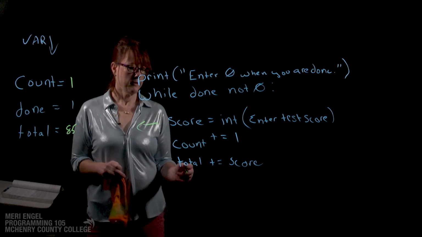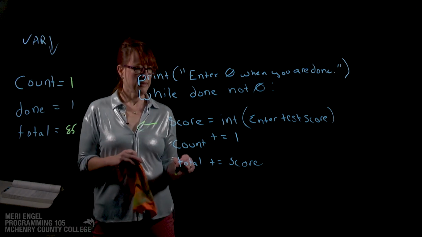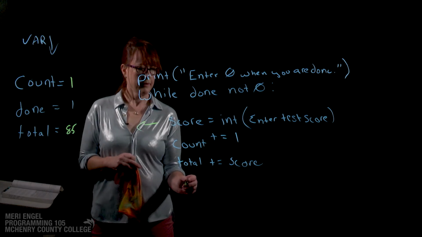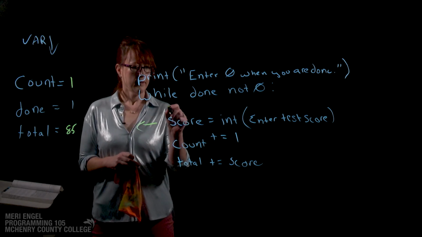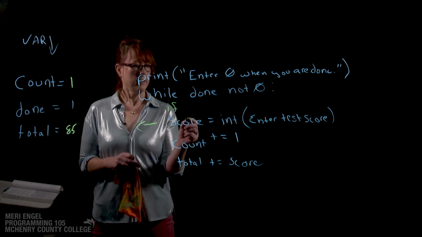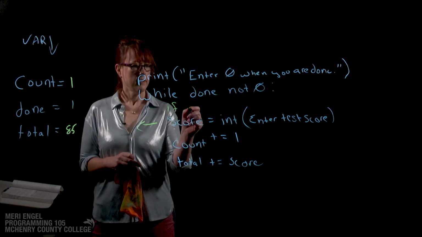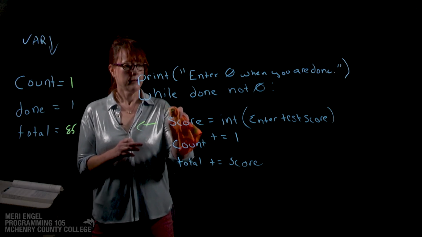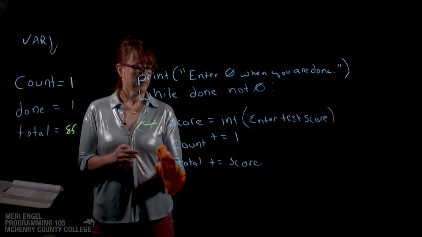So here, I need to add in an if statement. And it should go right here. If, nope, it should go right when they get the test score in. So these would move down.